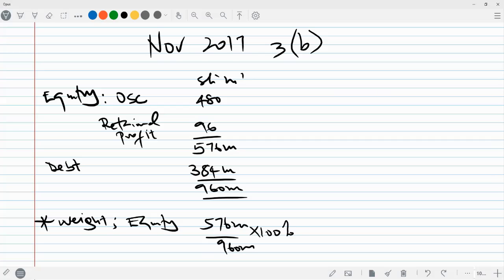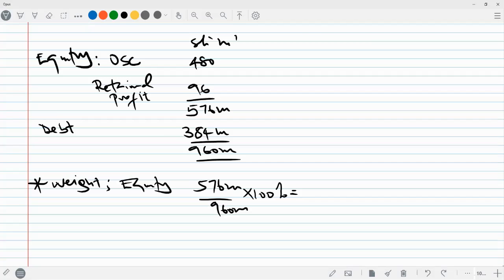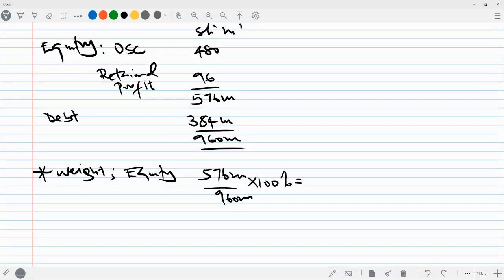In percent, what is the weight of equity in the company's current capital structure? It is 60%, and of course the balance is the debt. Therefore, this is 60%, and this is 40%.